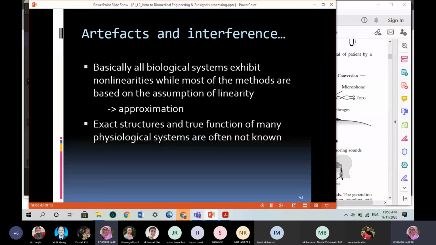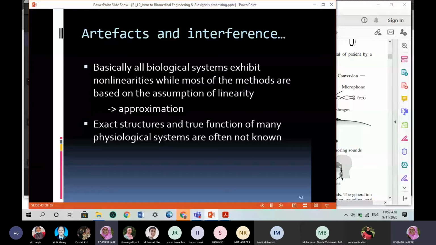Even for mathematical equations to solve, you consider a linear system. However, our body systems, most of the time, are not linear. They are non-linear. So assuming a non-linear system is close to linear may produce inaccurate analysis.